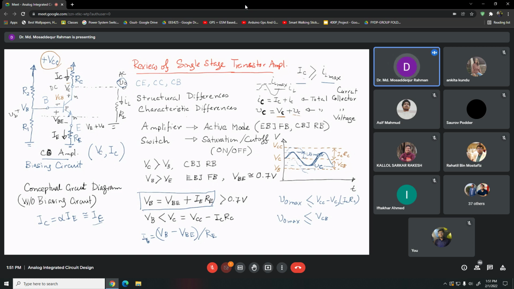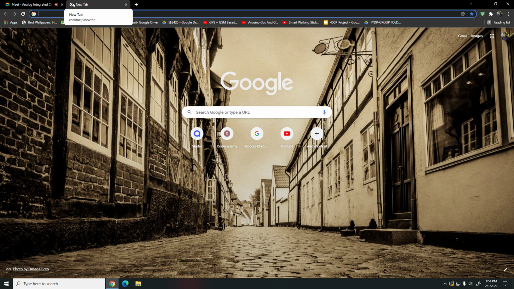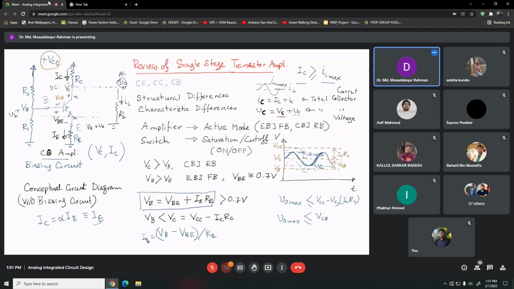You vary RE, you vary IE. Very simple. First you also need to fix VB, and for VB we have shown the voltage division rule here. VB is R2 over R1 plus R2 times VCC. So by adjusting the values of R1 and R2, you fix the value of VB, and by adjusting RE, you fix the value of IE. So this is how you design.